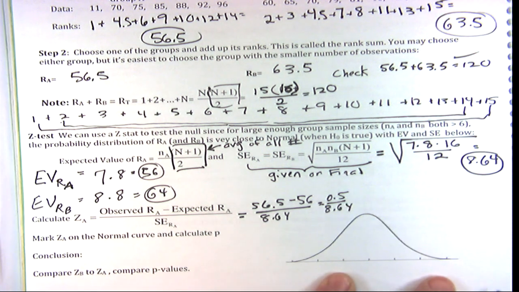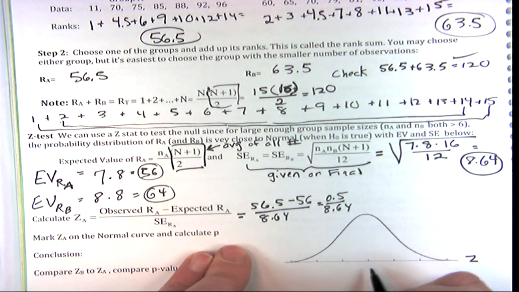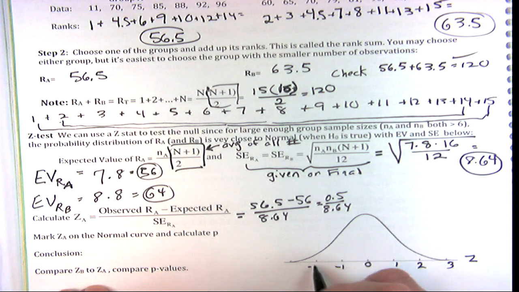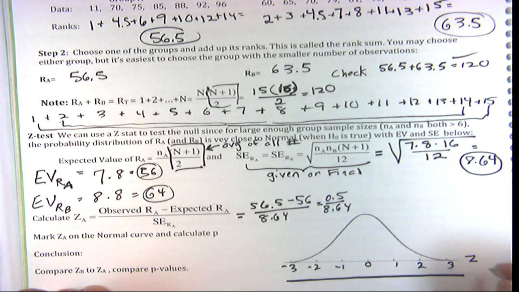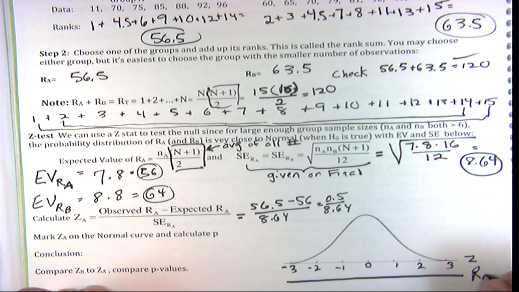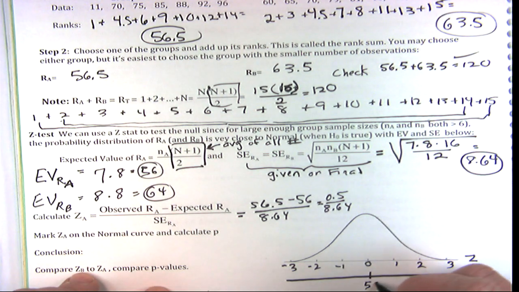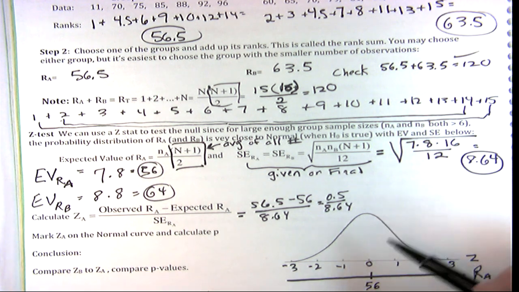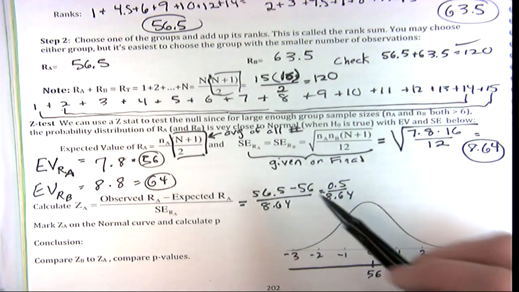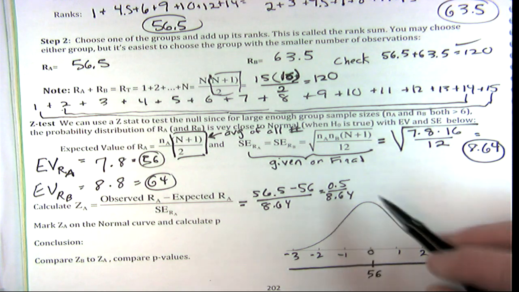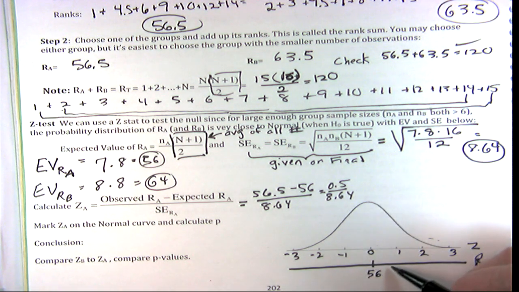So what are we doing here? Here we have our usual z curve with 0, 1, 2, 3, -1, -2, and -3. And then we'll have this rank sum for A, I'll call it RA, with an expected value of 56. And all we want to do is figure out where our observed 56.5 is, how unusual it is on here. It's 0.5 away, but where do we place it?